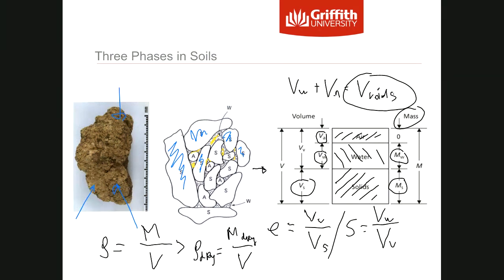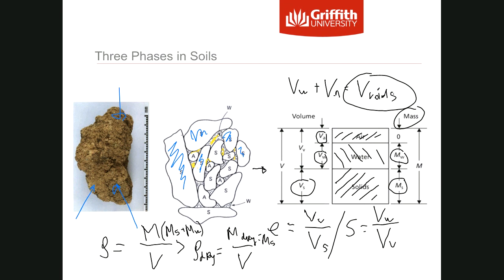Because here you have mass of solids plus mass of water. In this case, you have only mass of dry soil, which is equal to mass of solids, and you don't have mass of water. So dry density is always less than normal density, bulk density.